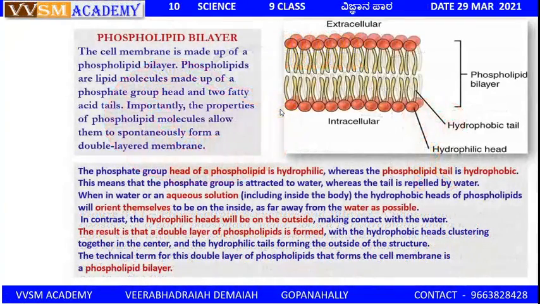The cell membrane is made up of a phospholipid bilayer, as I told you. These are lipid molecules made up of a phosphate group head and two fatty acid tails. Importantly, the properties of phospholipid molecules allow them to spontaneously form a double-layered membrane.